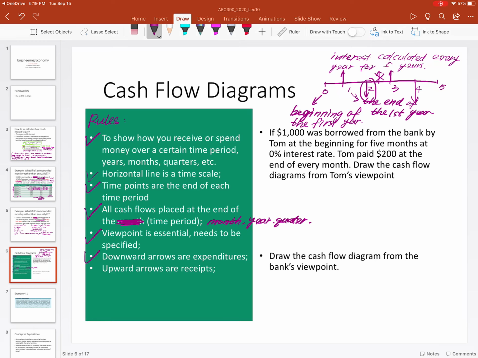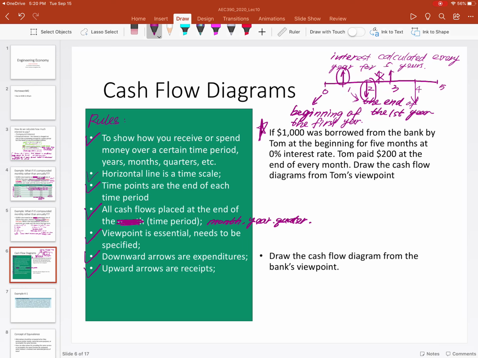Or another one, if it's going downward, which means that money amount will be the cost or expenditure. And on the contrary, if the arrow is going upward, that means it's the money you receive, or that's your income. That's the money inflow. Okay? So we're going to use all these rules to draw a cash flow diagram for this example.